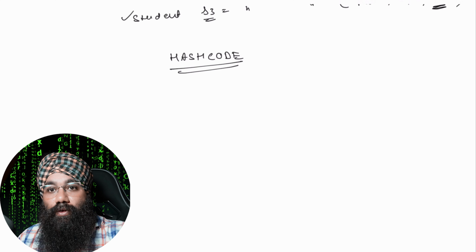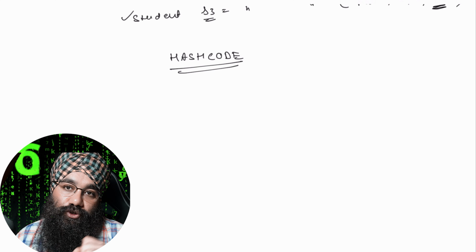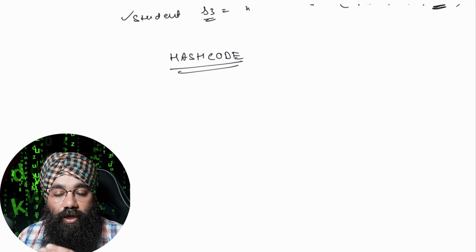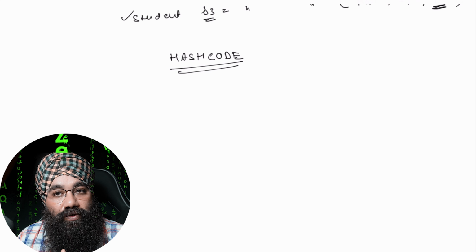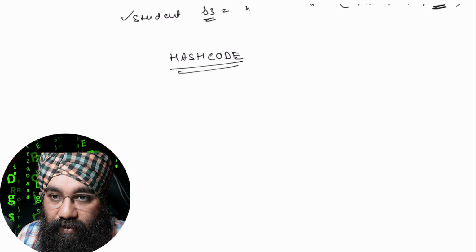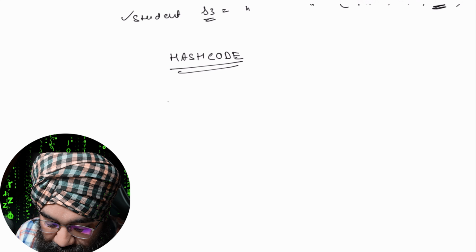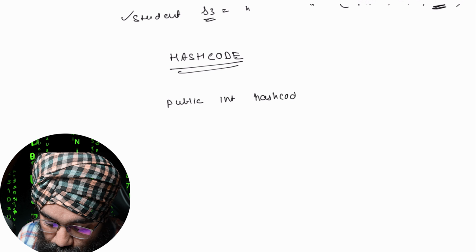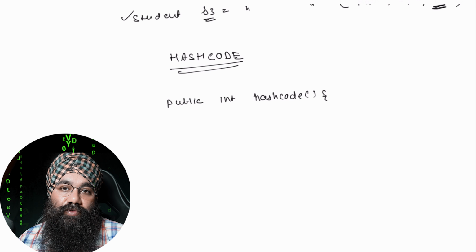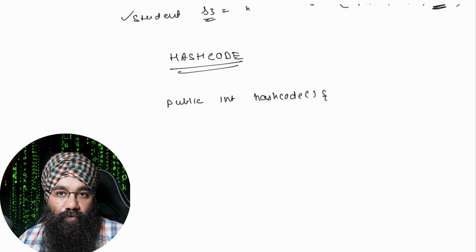As of now, what we need to realize is that there is a hashCode method. This hashCode method is used for arranging different objects of the same type within a collection. The syntax of the hashCode method is public int hashCode, and it is also there in the Object class. But the Object class doesn't have any properties of our use.